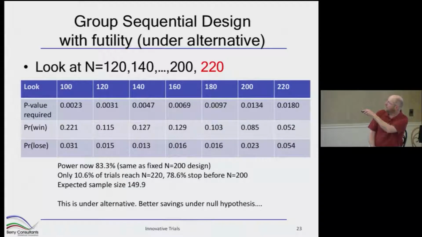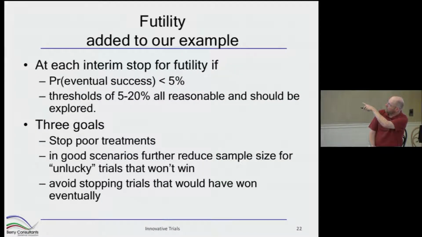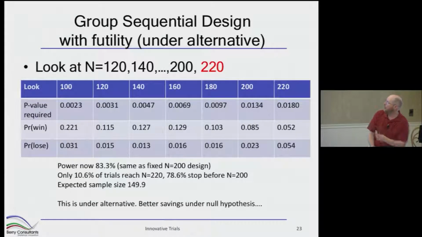So here what I've done, to make clear, we have probability of eventual success at 5%. I incorporated that rule. And so now what you can see here is these are the same p-values up to 220. This is the probability of winning at each of the interims. And then there's a probability of declaring futility.